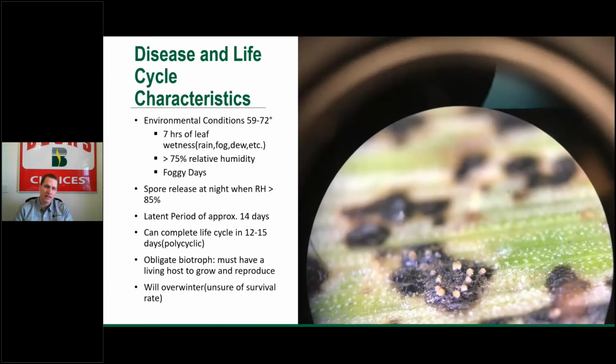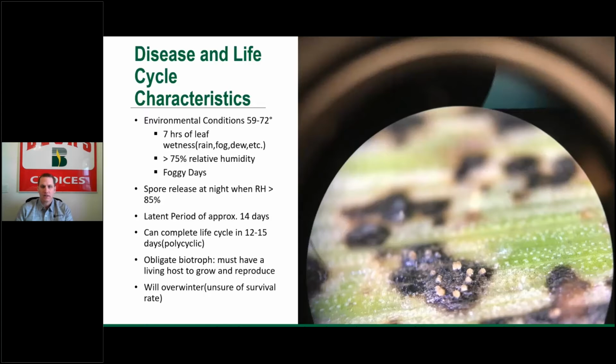But we got to think about those nighttime temperatures when that temperature at night falls into the 60s, that's prime time for this disease to start an infection. Tar spot needs about 7 hours of leaf wetness, so that can be from rain, it can be from fog, dew, humidity, things like that. So a lot of times when we get into that pollination window and we see cooler nights and we wake up and there's a heavy dew, most of the time that's provided the right environmental condition for tar spot to cause an infection.